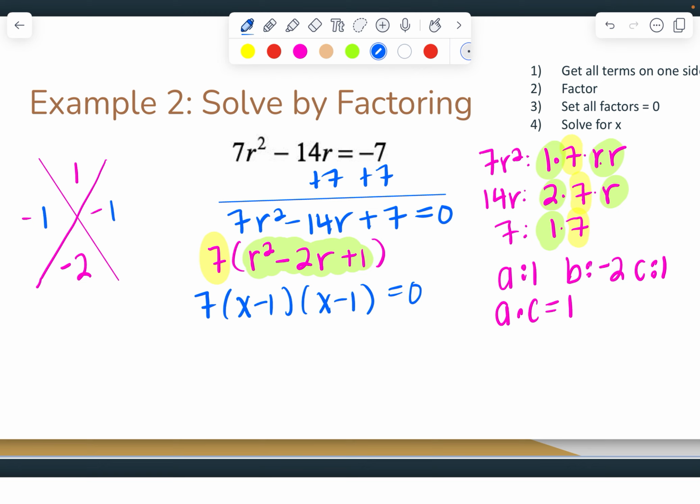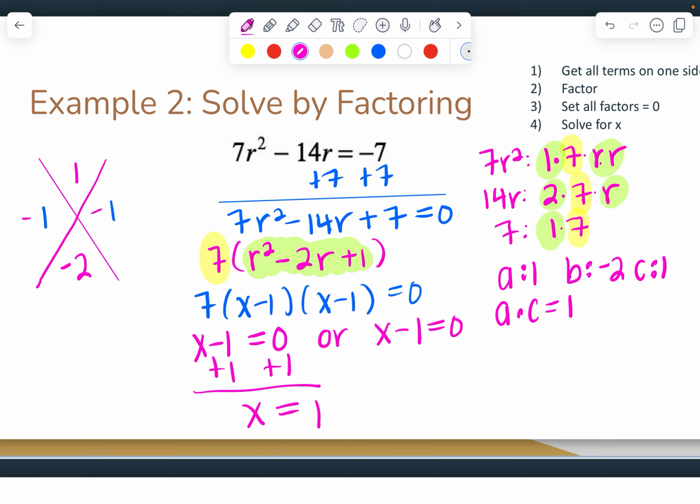We only set the factors equal to 0 that have variables or letters with them. So I'm not going to say 7 equals 0. I'm just going to say x minus 1 equals 0 or x minus 1 equals 0. So x equals 1. I don't have to technically do both of these because they're the same, but they would both give me x equals 1.